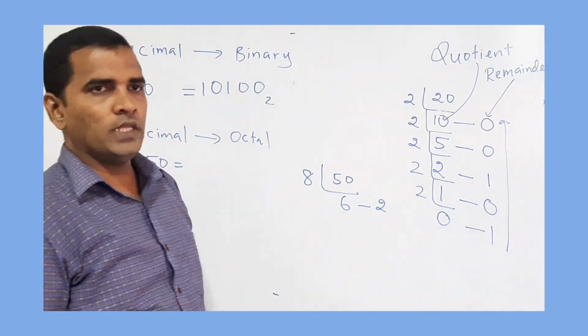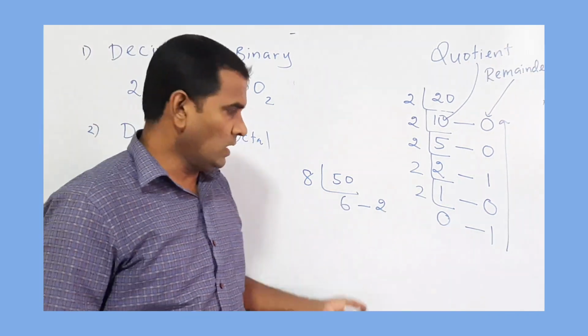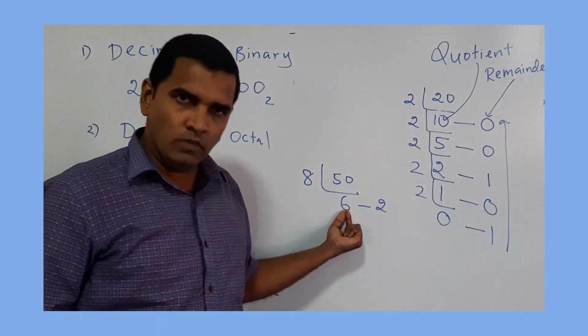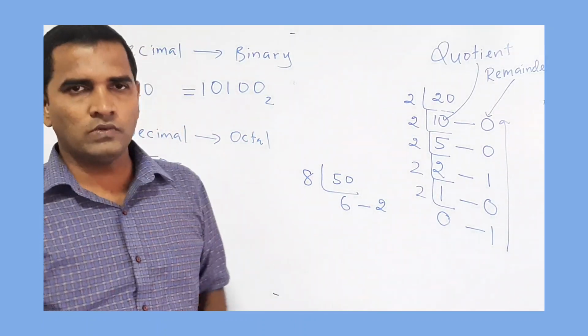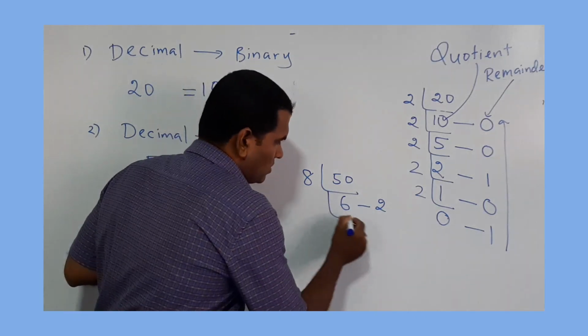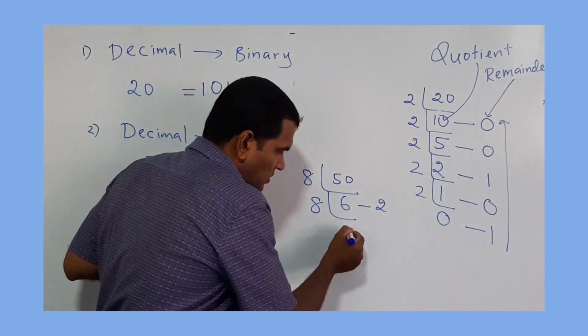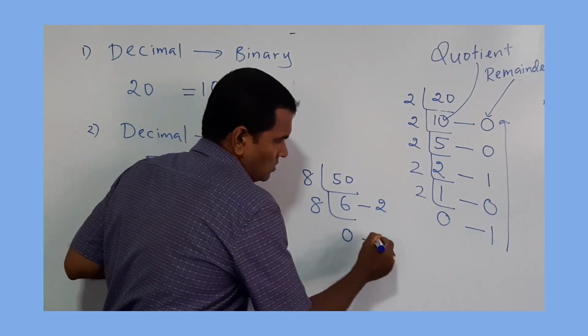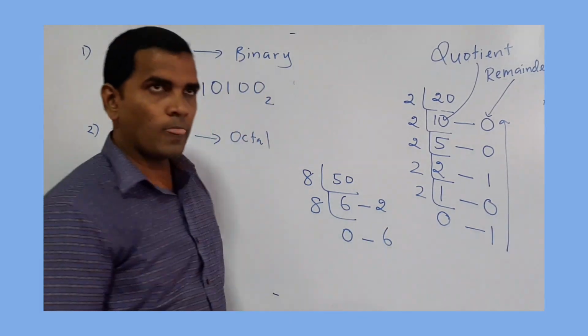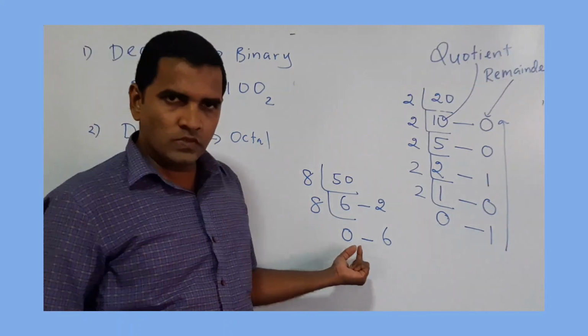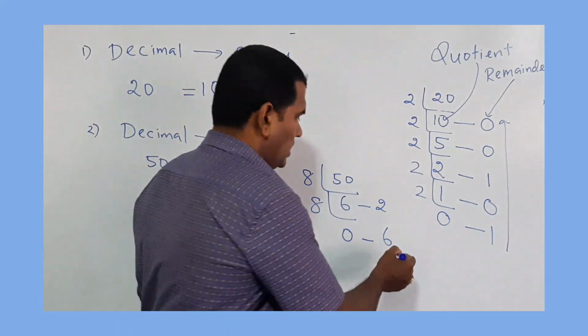Hope you remember that particular one which I mentioned earlier. Until the quotient becomes 0, you have to divide. So further divide. Since 6 is smaller than 8, the quotient is 0. So put the 6 here. Now the quotient is 0, so you cannot divide again.